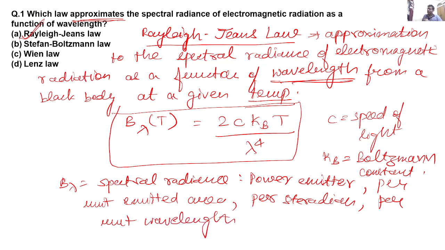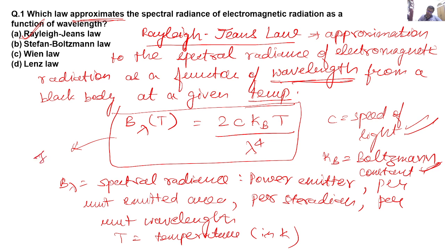So its unit would be watts per meter square per steradian per micrometer or per meter, whatever way you want to describe wavelength. c is the speed of light, kB is the Boltzmann constant, and T is the absolute temperature, nothing but the temperature in kelvins. Okay, so this is the Rayleigh-Jeans law in terms of wavelength lambda.